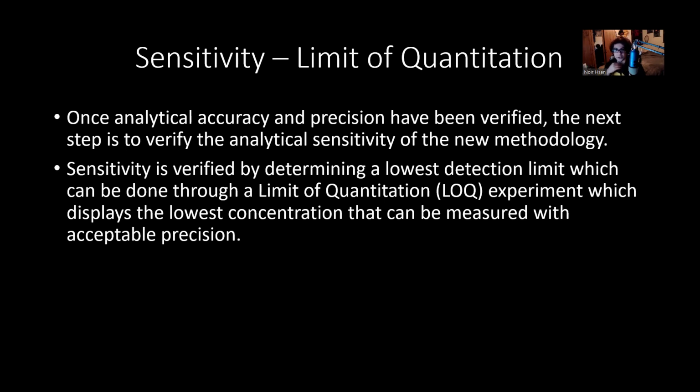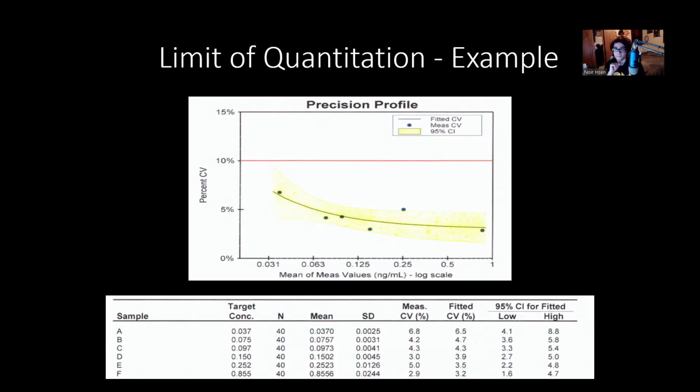And then after you have precision and accuracy done, you go for sensitivity. And the test we did for sensitivity was the limit of quantitation experiment, which displays the lowest concentration that can be measured with acceptable precision. And this is an example of it. So we have a 10% cutoff here, and this is the percent CV, and this is the mean of the values.